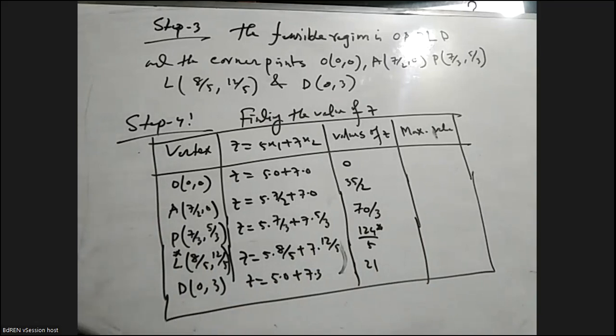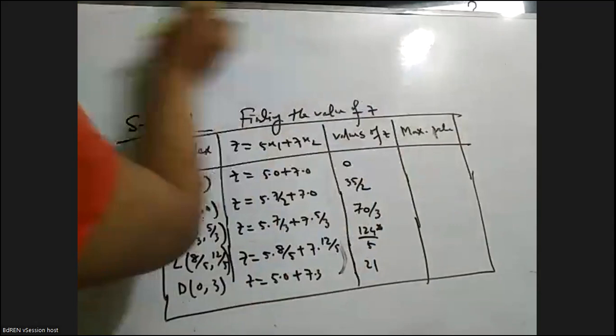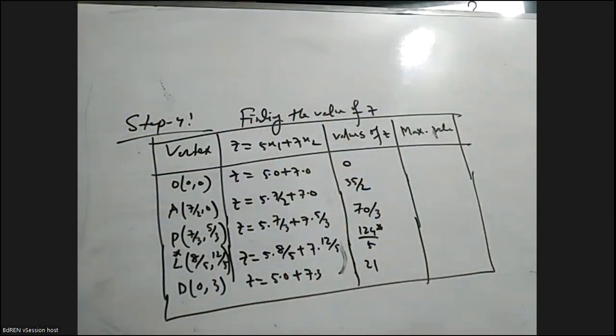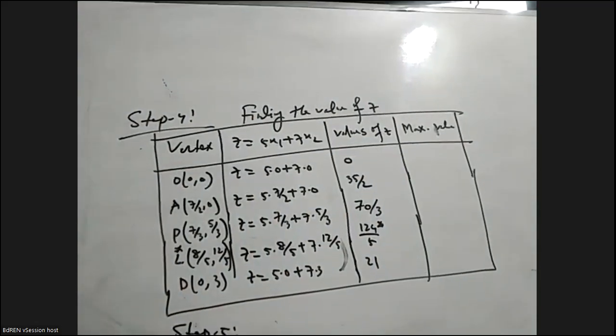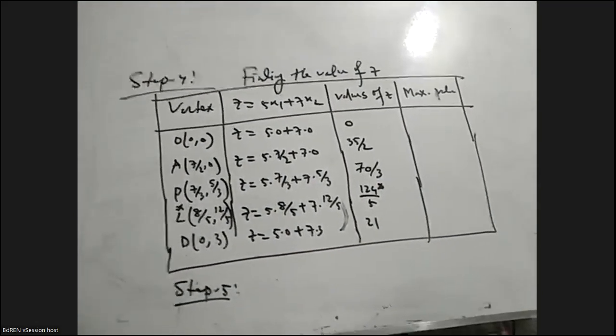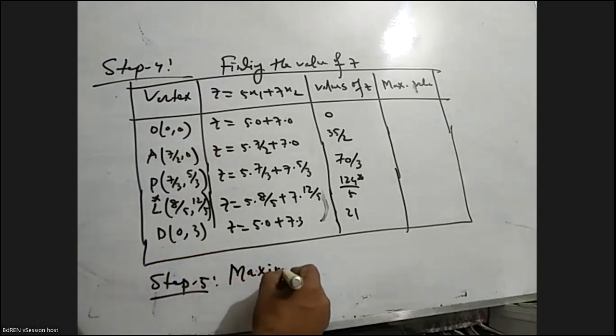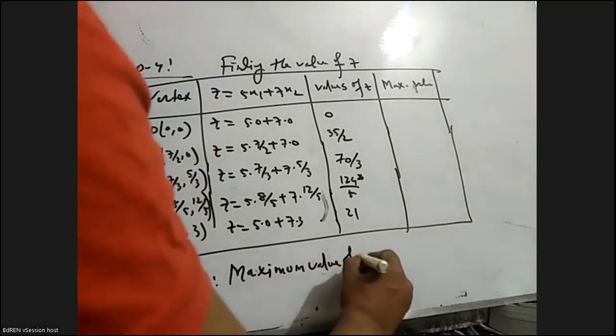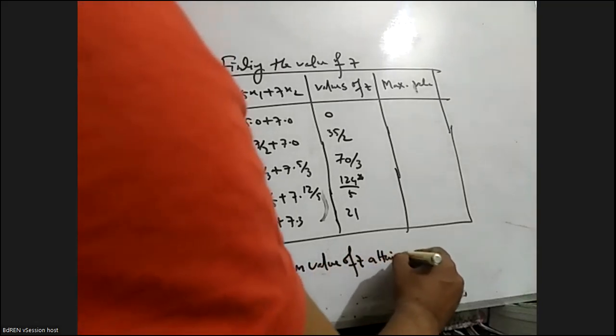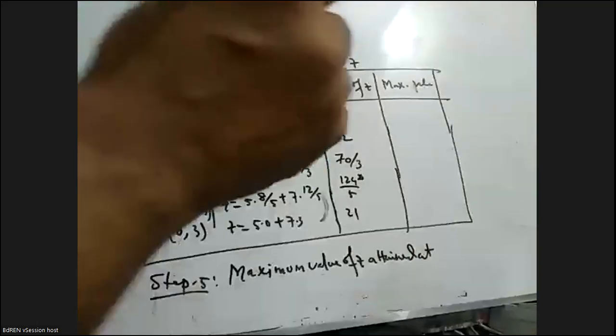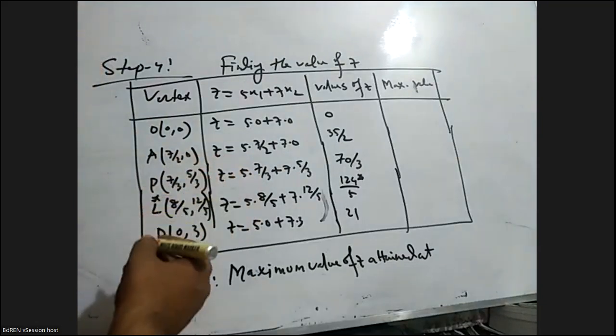Now step 5. Step 5 will be the maximum value of Z attained at point L, 8/5, 12 by 5.